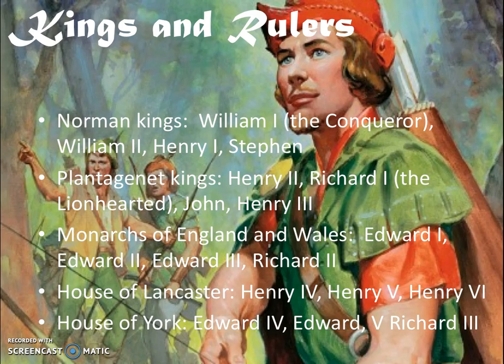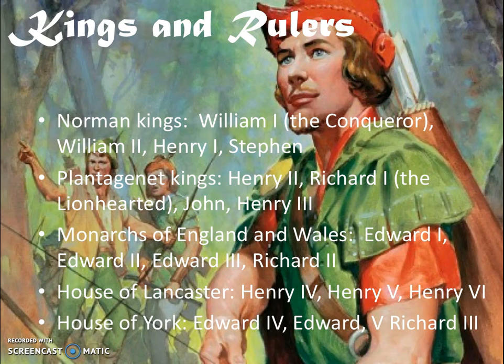During this time period, there were quite a few kings and rulers who came and went. Of the Norman kings, starting with William I, there was William the Conqueror, William I, William II, Henry I, and Stephen. Following the Norman kings was a family with the last name Plantagenet, and the Plantagenet kings were Henry II, Richard I, who was called Richard the Lionhearted, John, and Henry III.